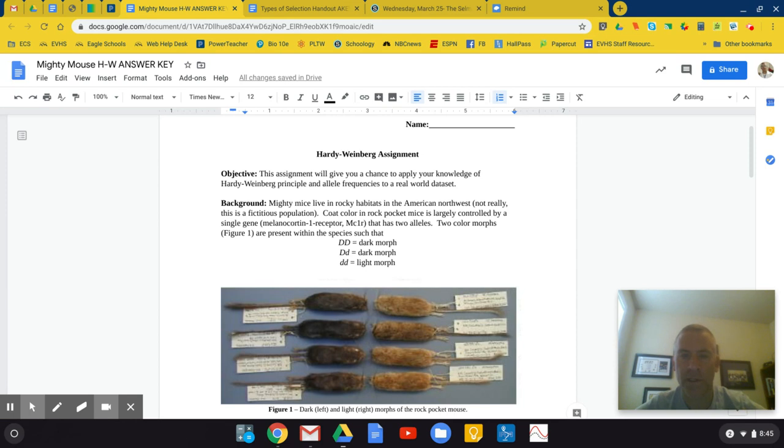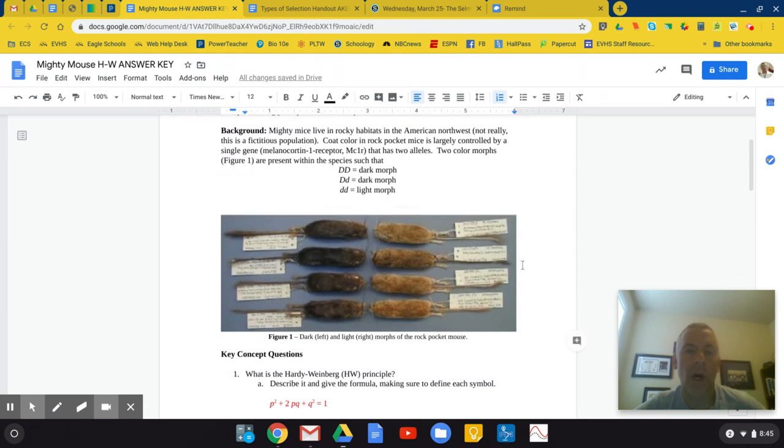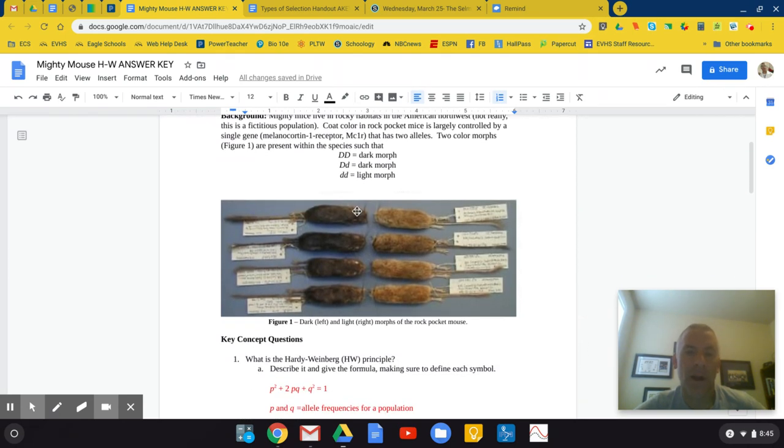And so that's what this is walking us through, a semi-simplistic look at a population, but a very realistic one just the same. We're looking at this hypothetical species of the mighty mouse that lives in the American Northwest, and it comes down to the coat color of these mice. They are dark for dominant.